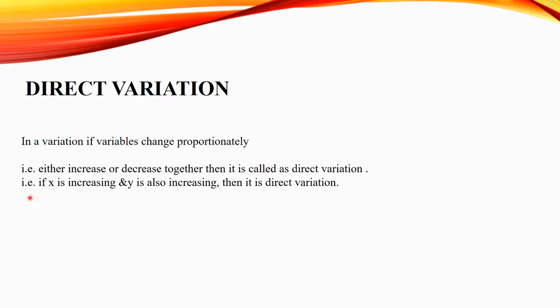That is, if x is increasing and y is also increasing, then it is called direct variation. x is in direct variation with y. It can be symbolically written as x directly proportional to y.